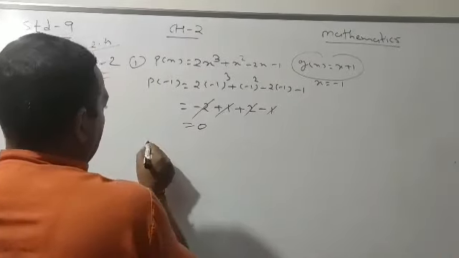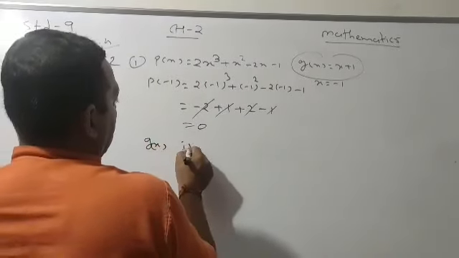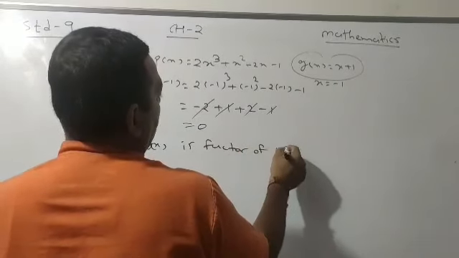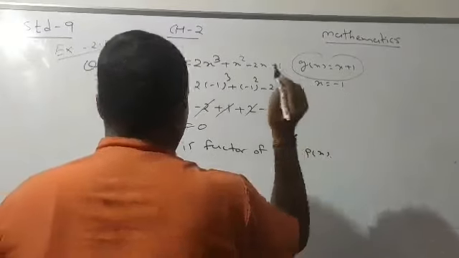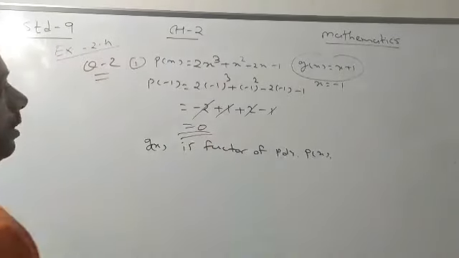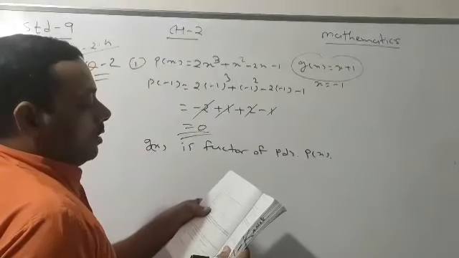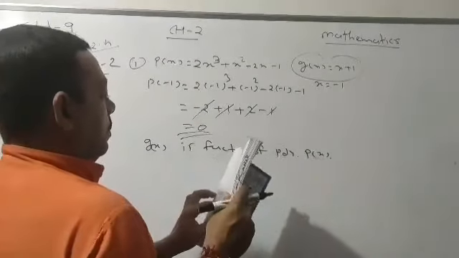Hence we can say that gx is factor of polynomial px. Why? Because we get a remainder 0, or we can say minus 1 substitute the polynomial. That's why we can say it is a factor. Now same way the third one.